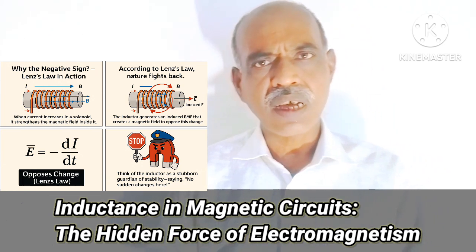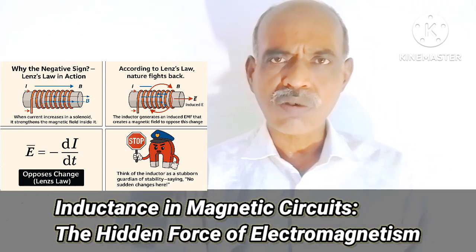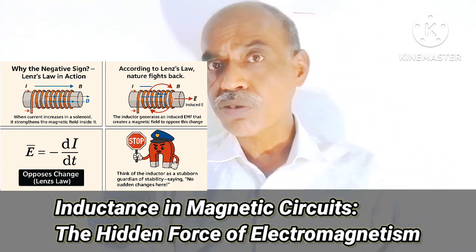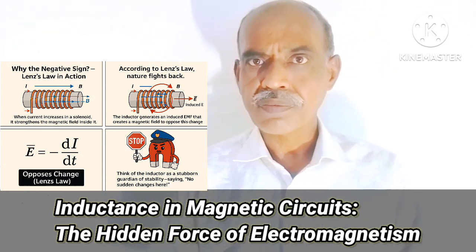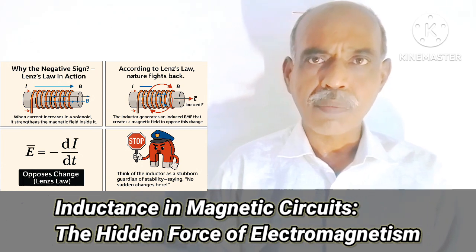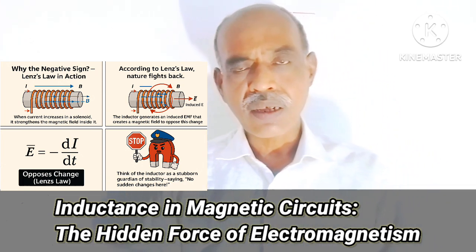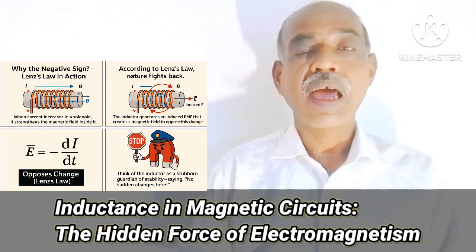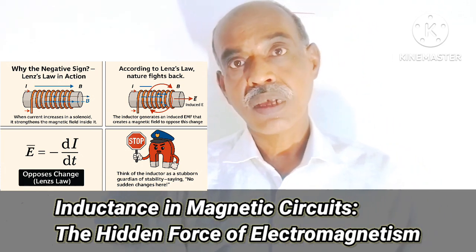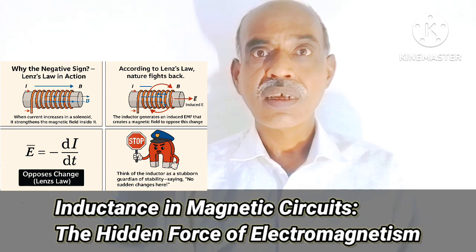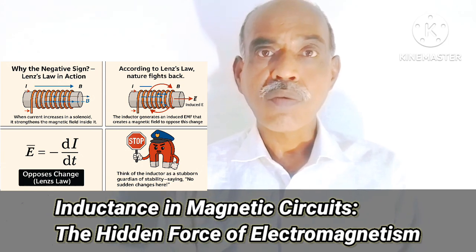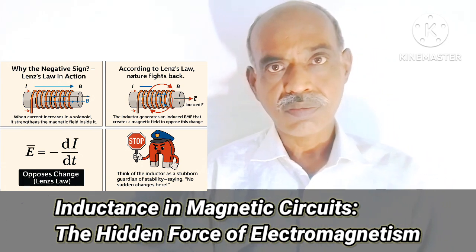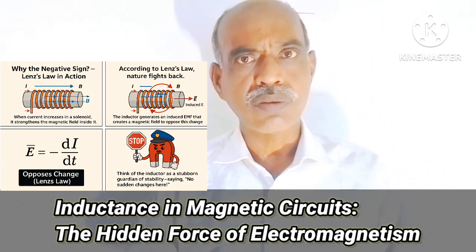Then there will be a change in the magnetic flux, the magnetic field also. Since there is a change in the magnetic field around the wire, that change causes an induced EMF, and that opposes the reason for which there was a change in the current. This is Lenz's law, which is known to you.